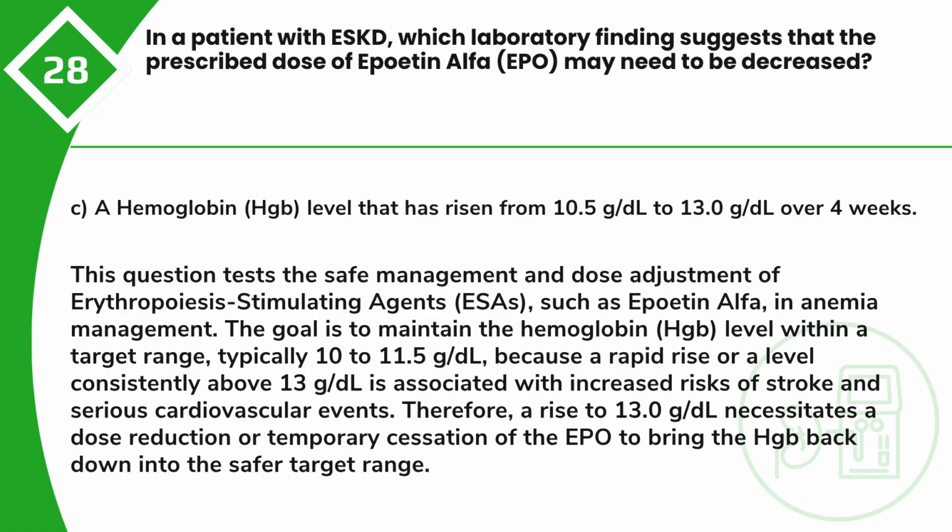The goal is to maintain the hemoglobin level within a target range, typically 10 to 11.5 g/dL, because a rapid rise or a level consistently above 13 g/dL is associated with increased risks of stroke and serious cardiovascular events. Therefore, a rise to 13.0 g/dL necessitates a dose reduction or temporary cessation of the EPO to bring the hemoglobin back down into the safer target range.